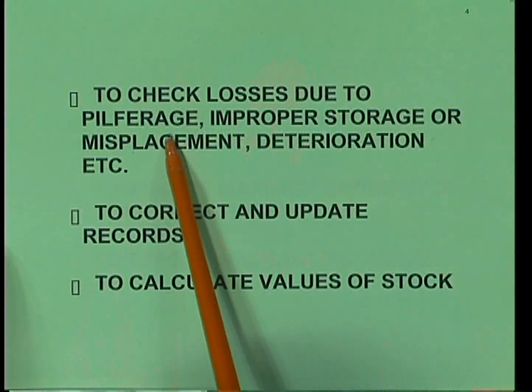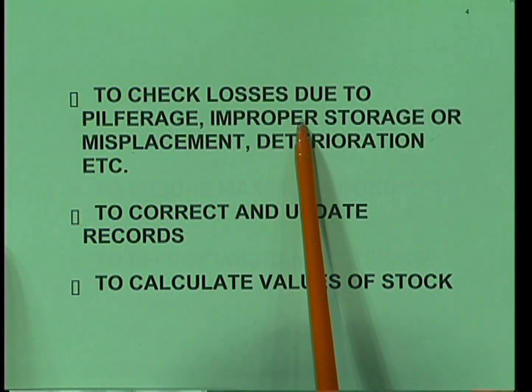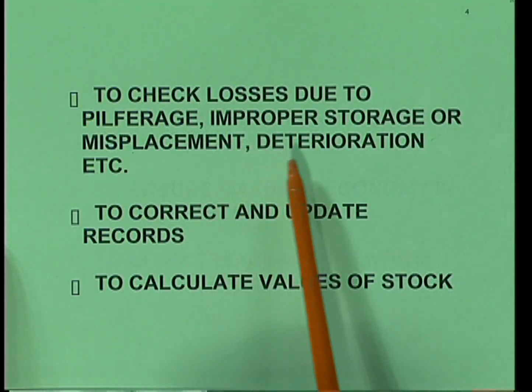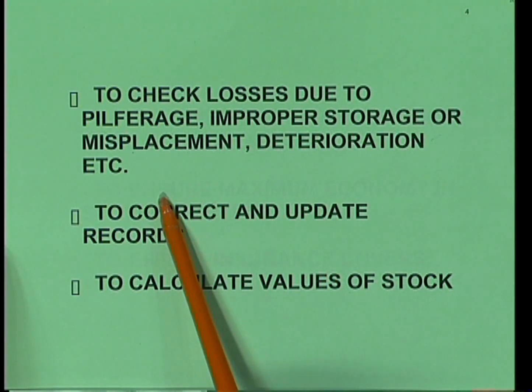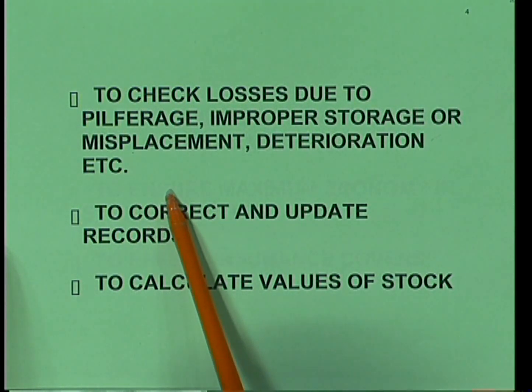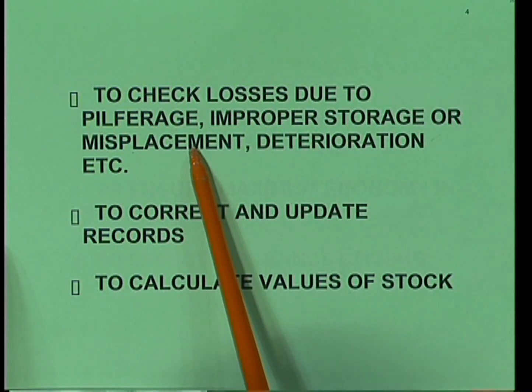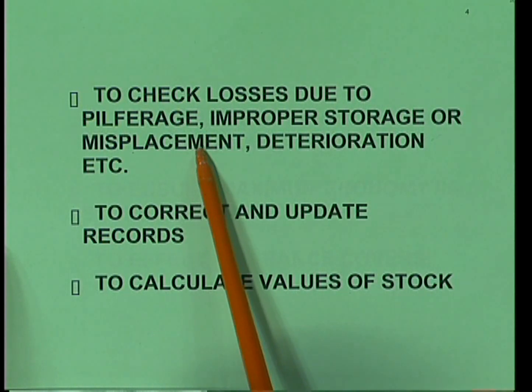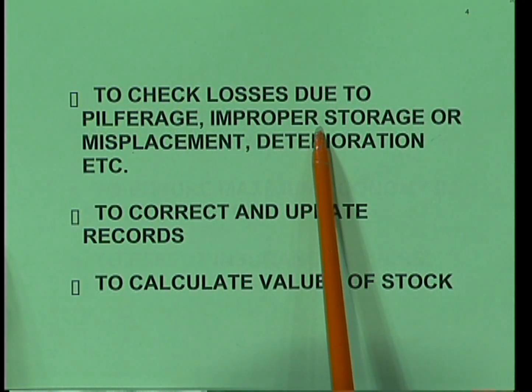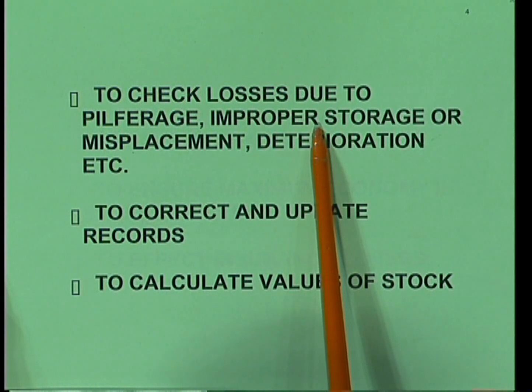Next one is to check the losses due to pilferage, improper storage and misplacement, deterioration, etc. While verifying we see if any pilferage is there, any loss of material, improper storage. Because of improper storage, the material may be damaged or lost.